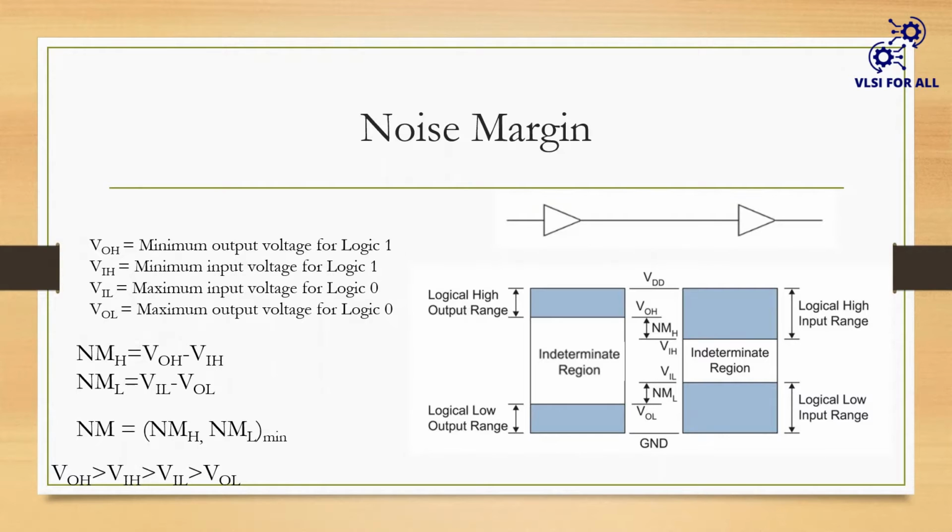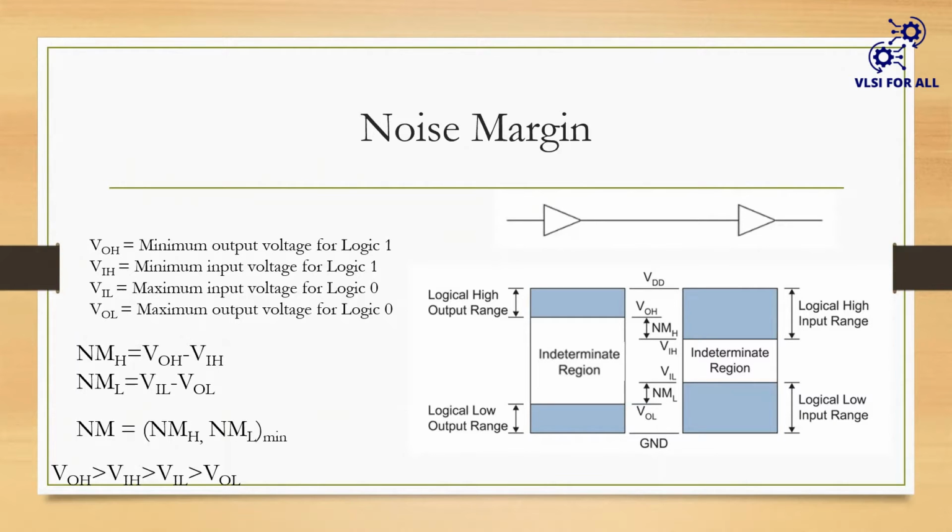Now, we have discussed that between the driver element and the driven element, noise will be added. During logic 1 transmission, negative noise will impact. Similarly, during logic 0, positive noise will impact. According to that, the indeterminate, prohibited region will reduce. The difference between VOH and VIH is the high noise margin.